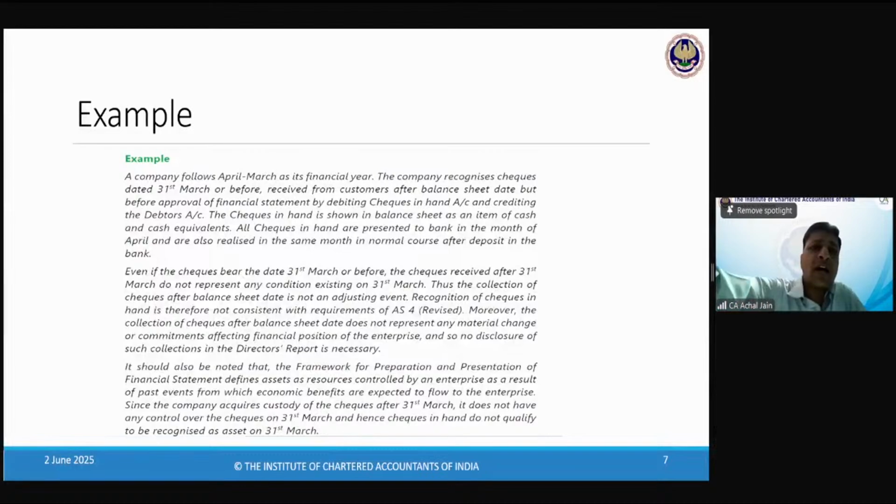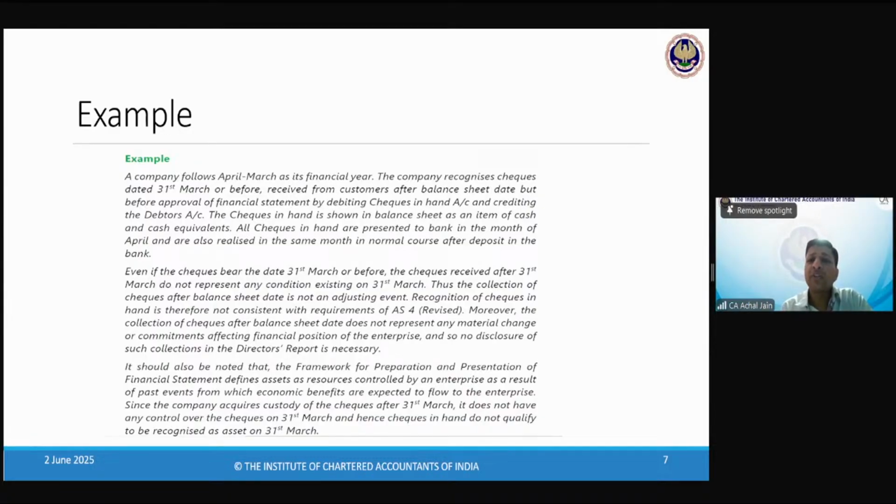Okay, so let's look at this example. A company follows April to March as its financial year. Company recognizes checks dated 31st March or before received from the customers after the balance sheet date, but before the approval of financial statements by debiting checks in hand and crediting the debtor's account.